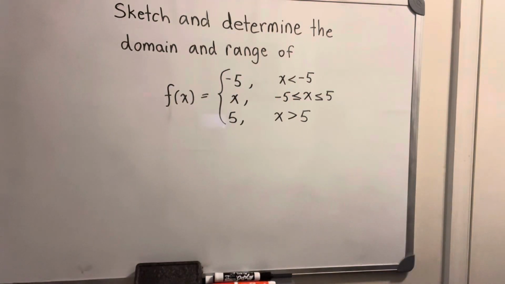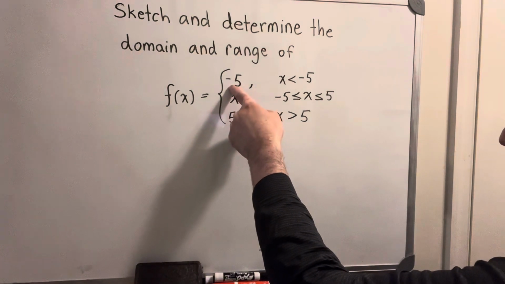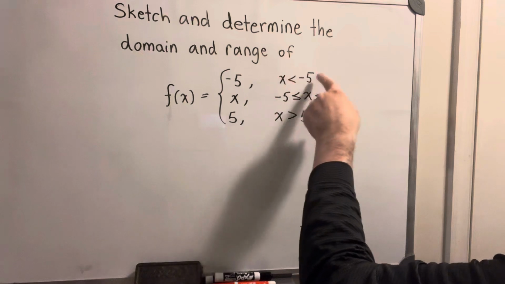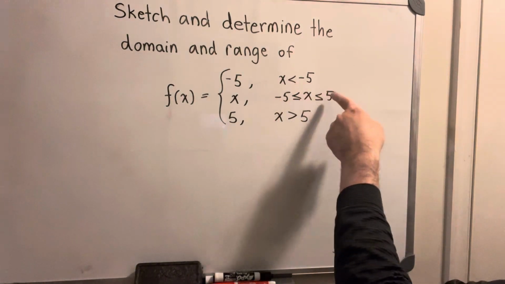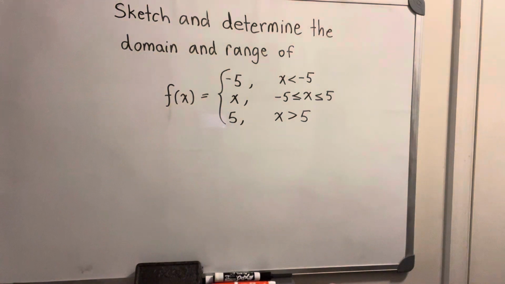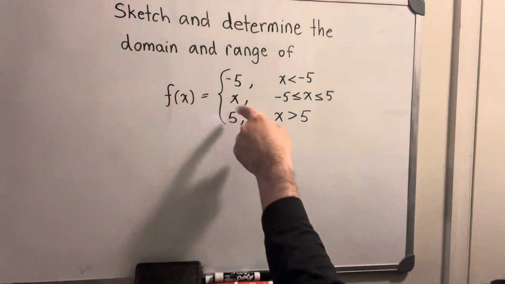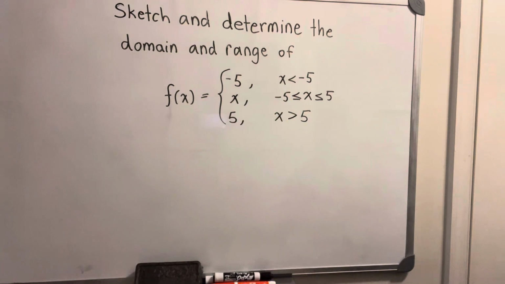This problem says sketch and determine the domain and range of f of x, and f of x is equal to this function, and this is the value that it is for the interval stated after the comma. I encourage you to pause the video and look carefully at the inequality symbols right here to determine exactly which piece of this piecewise function applies for every single point on the x number line.